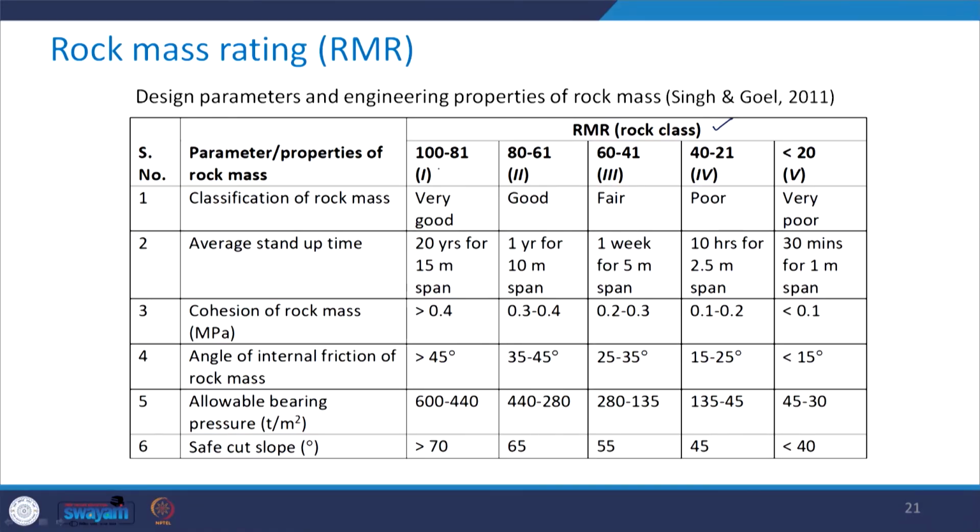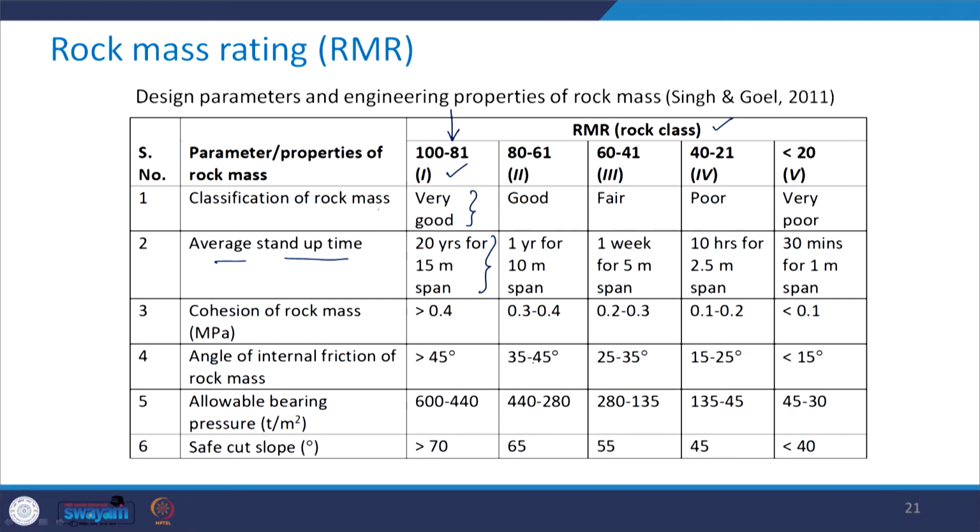Let us say that the RMR works out to be say 90. So, it falls under the first category here. Focus on this column. The classification of the rock mass as per the RMR system will be very good, and it will give you the idea about the average stand up time, which will be 20 years for a 15-meter span of the tunnel.